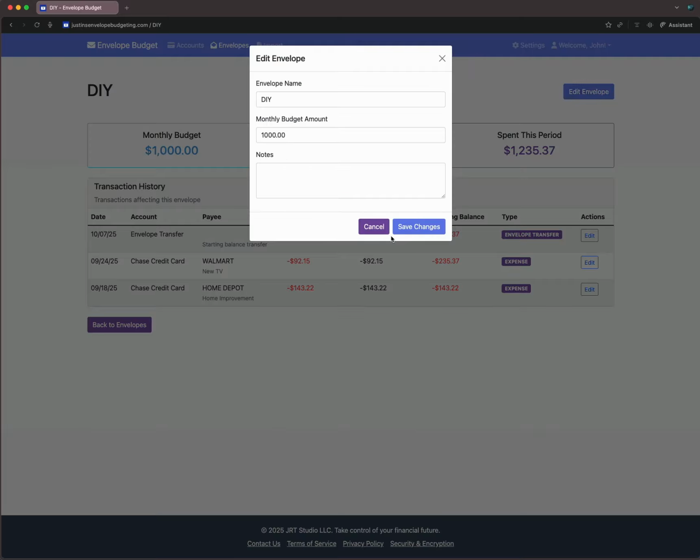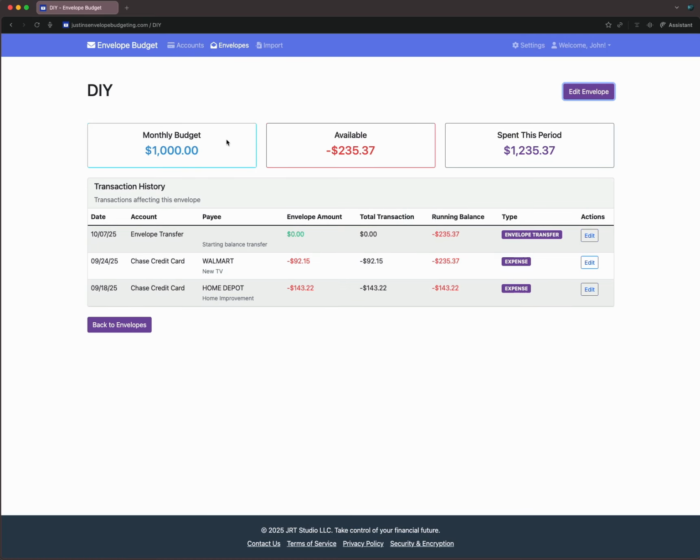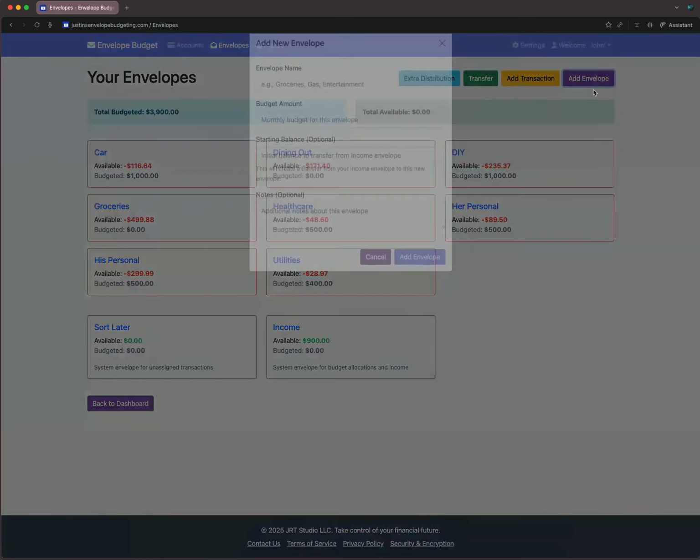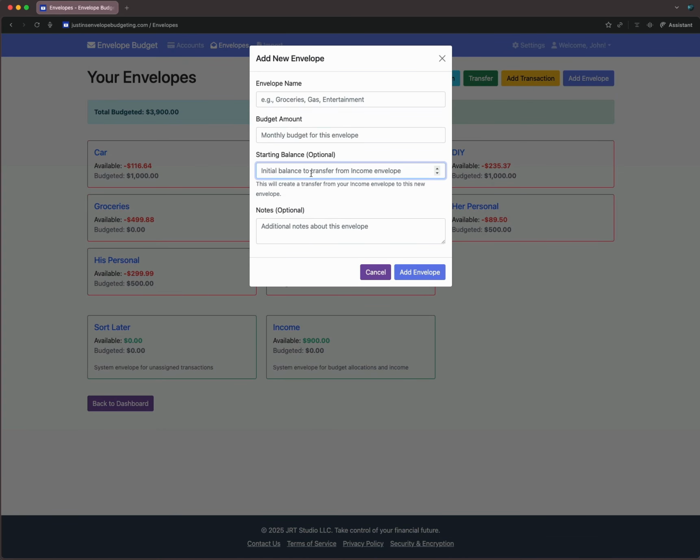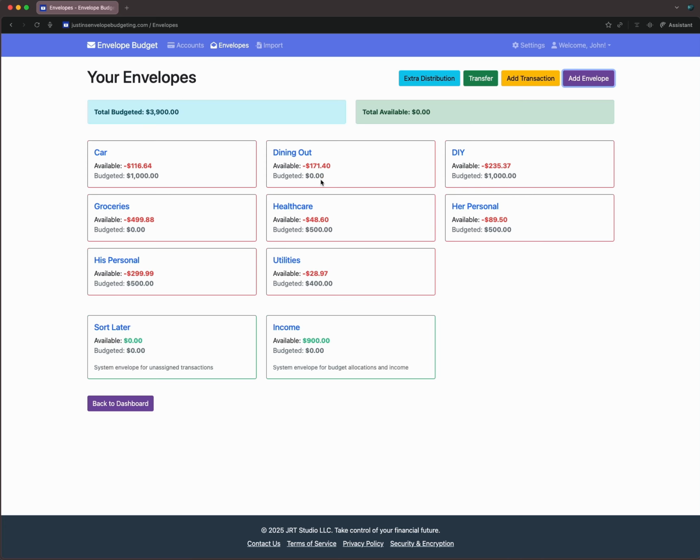Yeah, each month on the first, it's gonna put the $1,000 in. But when I set up these envelopes, I didn't give them a good starting balance, so they're currently all negative right now, because I didn't give them a starting balance, right?